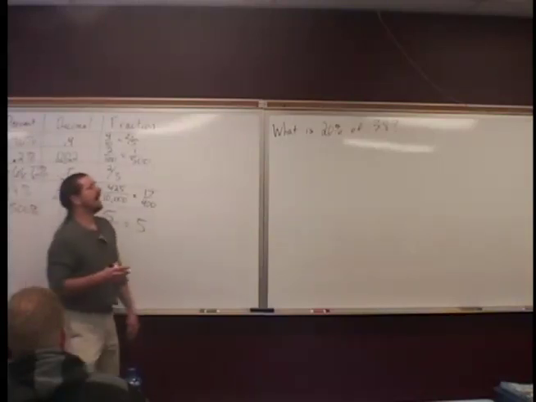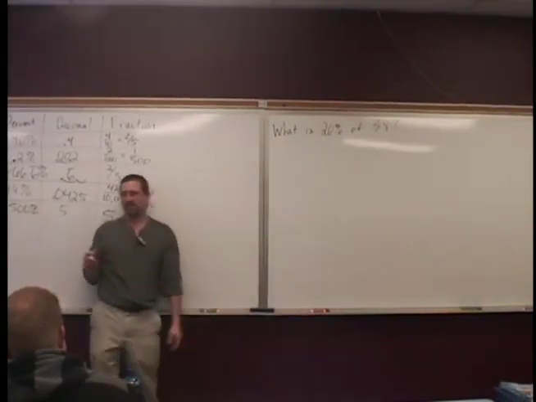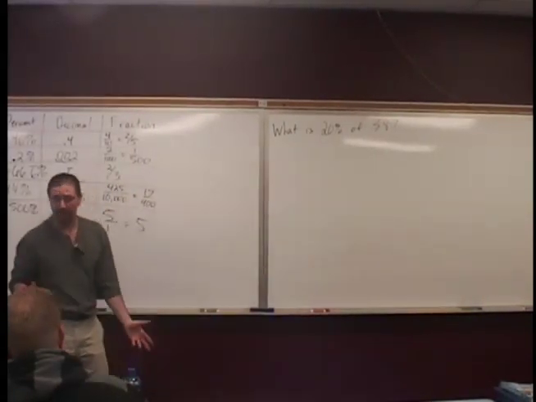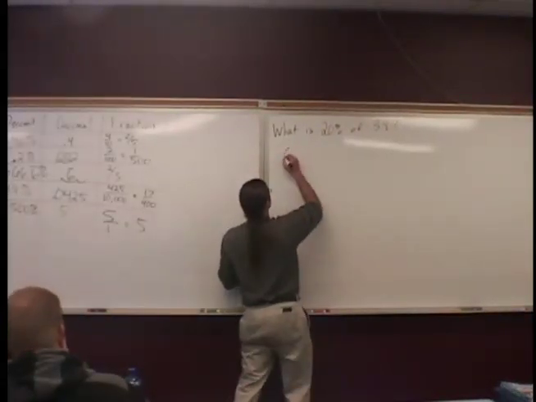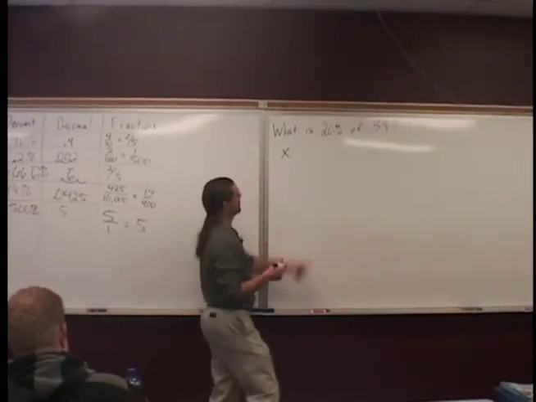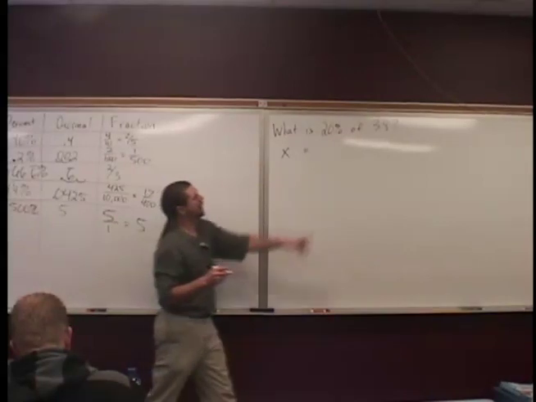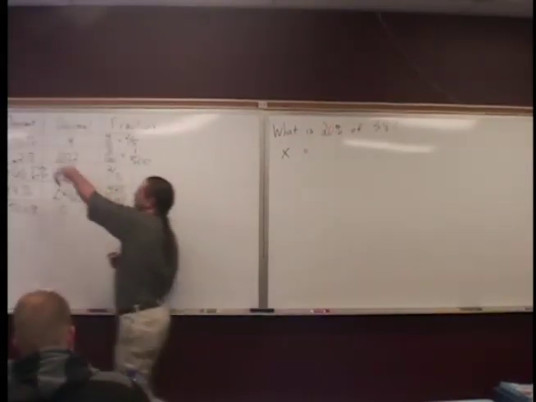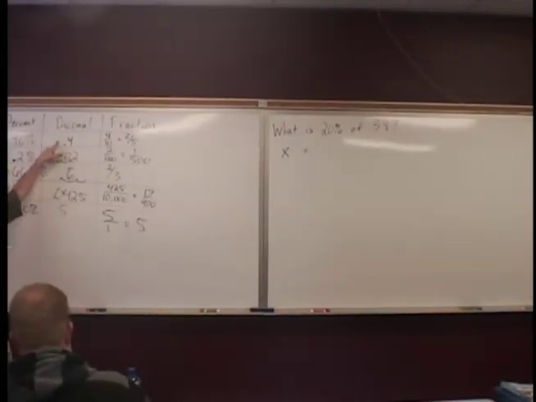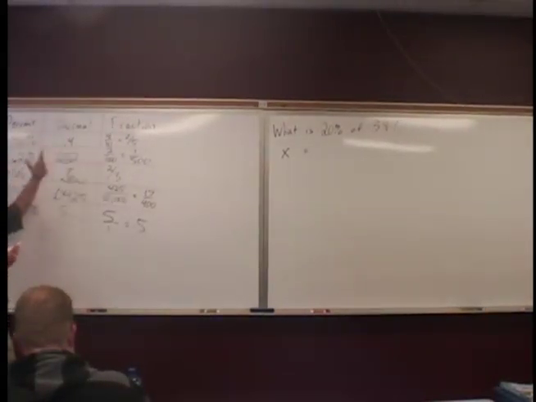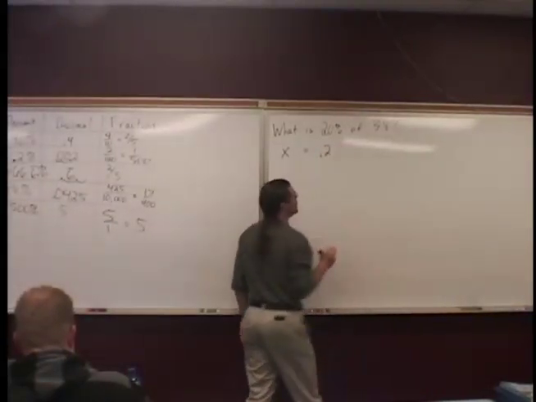Me personally, I like to do the translation from English into math, because that's the kind of guy I am, all right? I like to look at this and say, how do I translate the word what? It's an X. Is translates to an equal sign. 20%, when you deal with the algebraic equations, you've got to use the decimal form of all your percentages, which is why I ask you to do these things, so that you can convert 20% into 0.2.